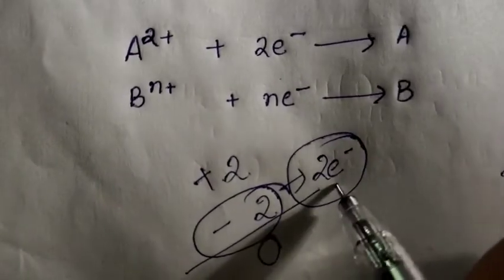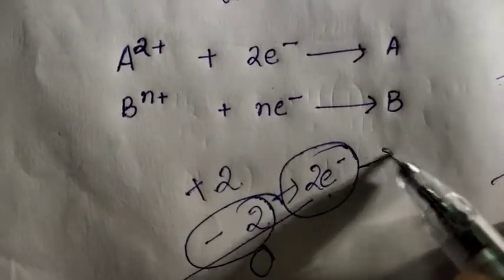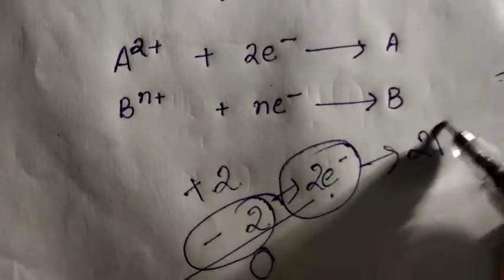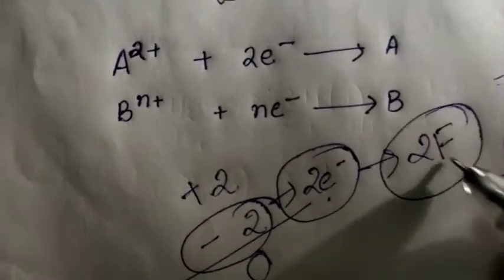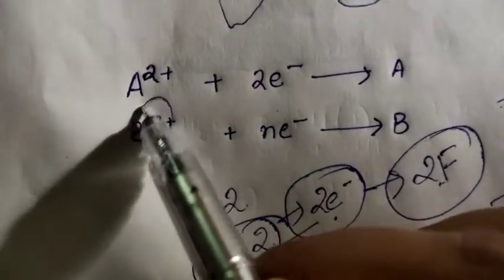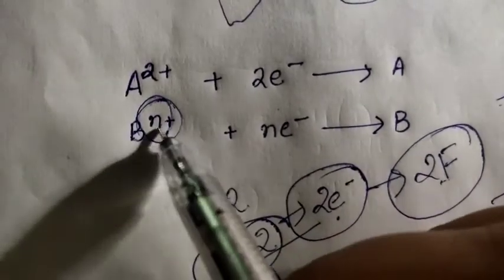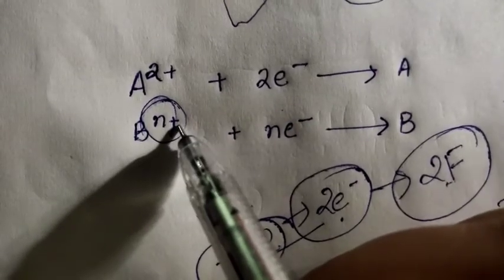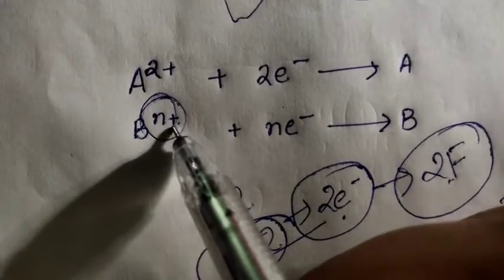And now here you have to remember one thing. 2 electrons means 2F. F is Faraday's constant. So what may be the number of the charge, suppose in general terms, suppose it is n plus.